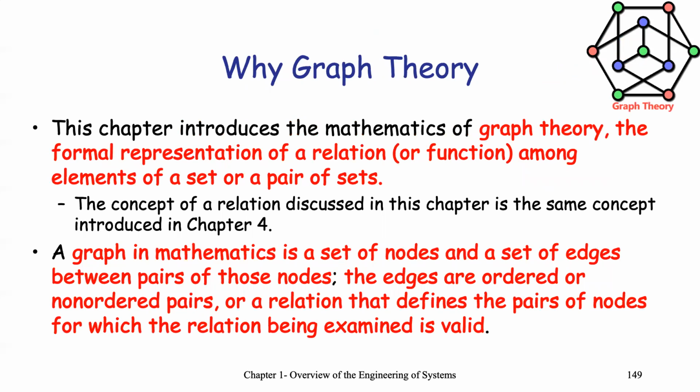So we're going to be introducing the mathematics of graph theory, the formal representation of relationships or functions among elements of a set or a pair of sets. A graph in mathematics is a set of nodes and a set of edges between pairs of those nodes. The edges are ordered or non-ordered pairs, or a relationship that defines a pair of nodes for which the relationship being examined is valid.